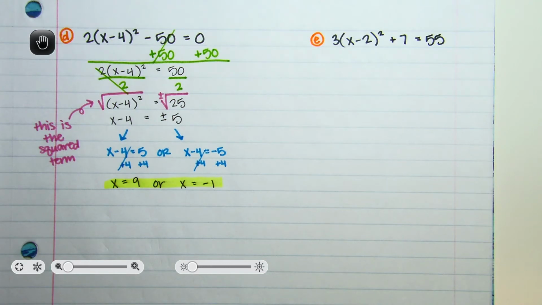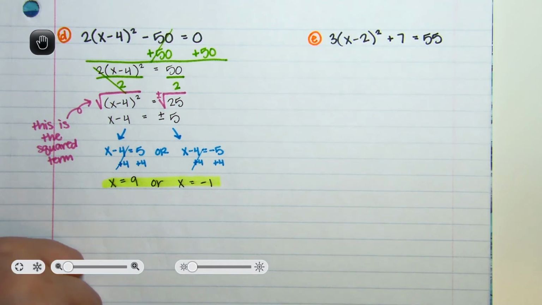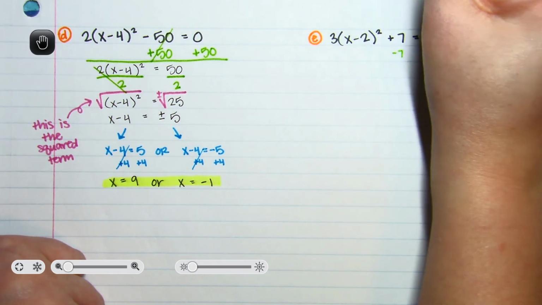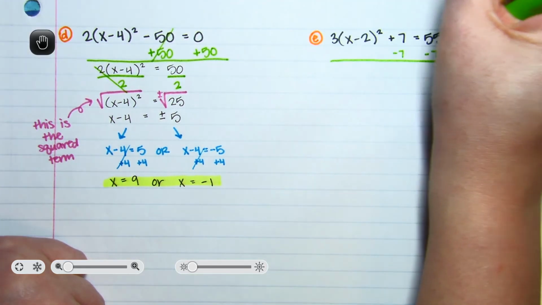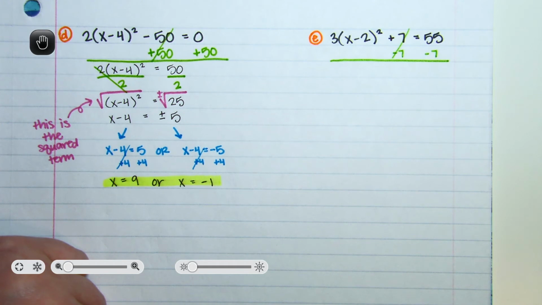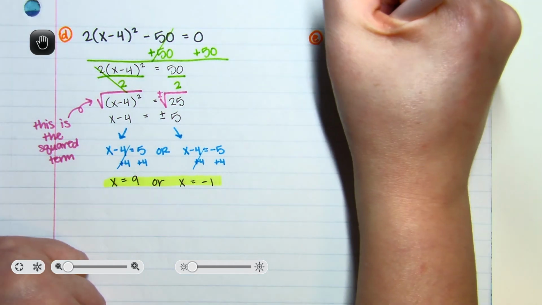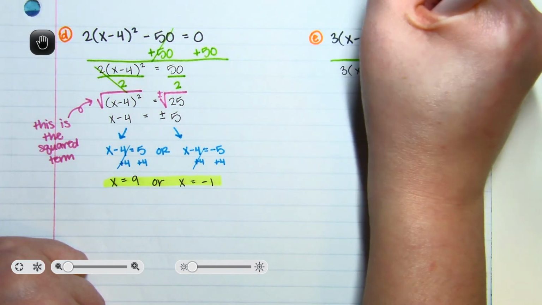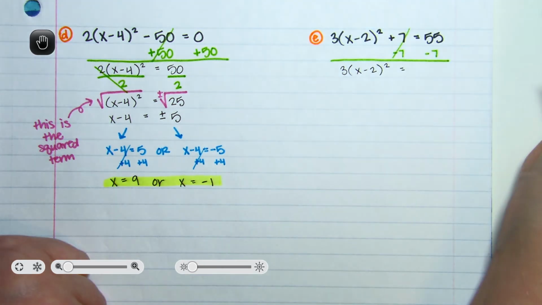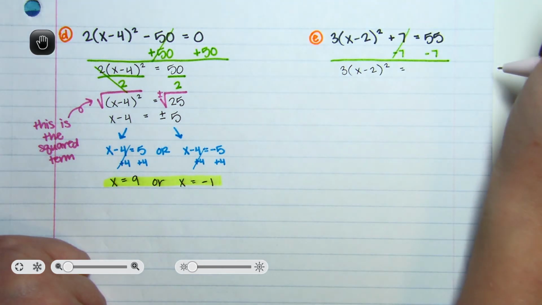All right, let's do another one. So this one looks really, really similar. So tell me, what are we going to do first? You said subtract 7 from both sides. You are correct, because our goal is to get that big old squared term by itself. So I'm going to have 3 and then parentheses x minus 2 quantity squared equals 48.